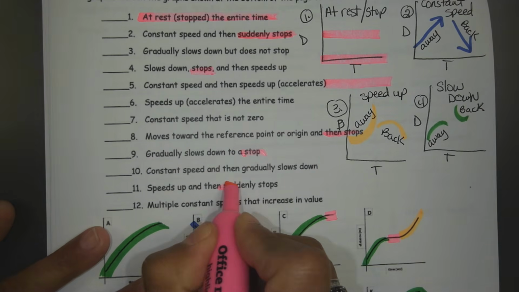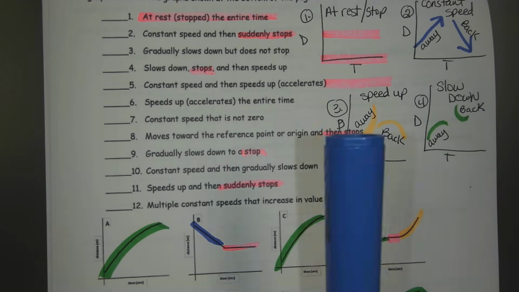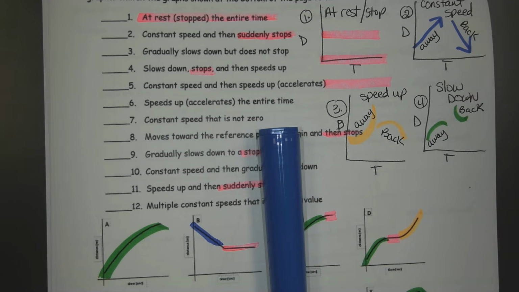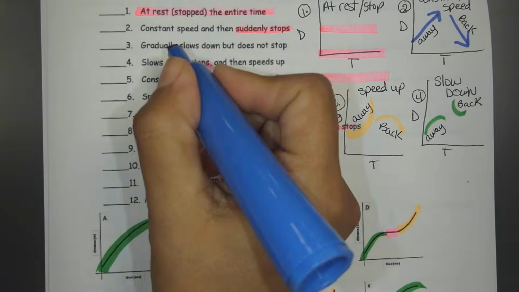And number 11, suddenly stops. Just comes to a stop. Let's keep going. If you feel like you understand this now, what we're doing, color all of the blues, the orange, and the greens. I'm going to color mine, you color yours.